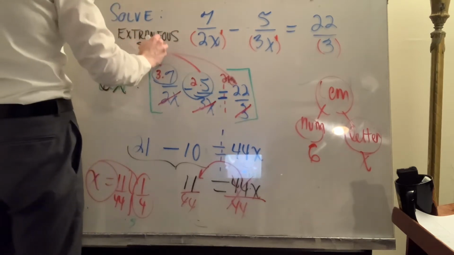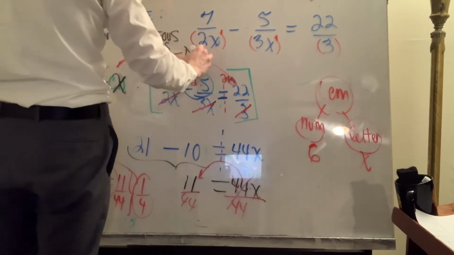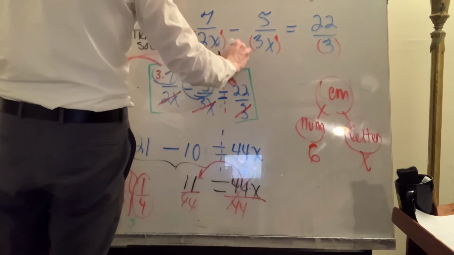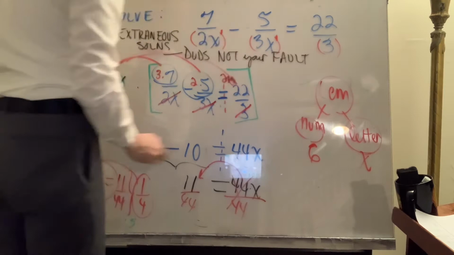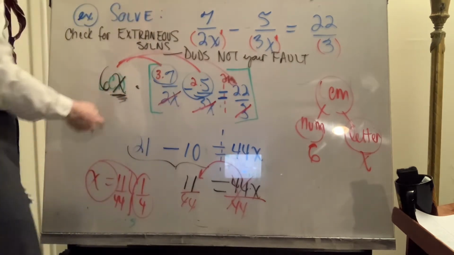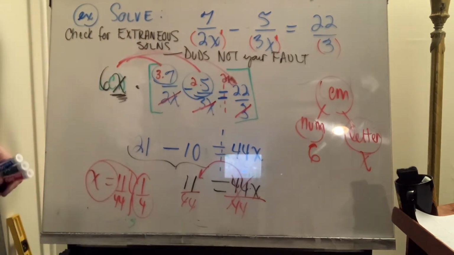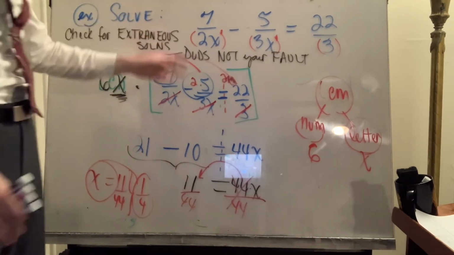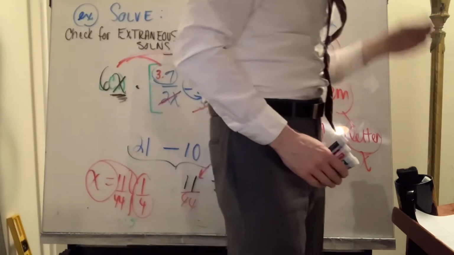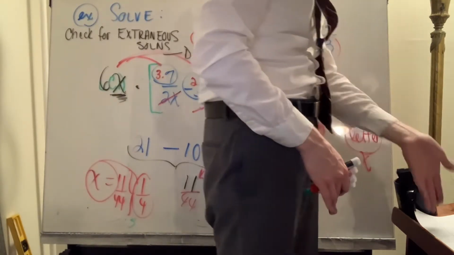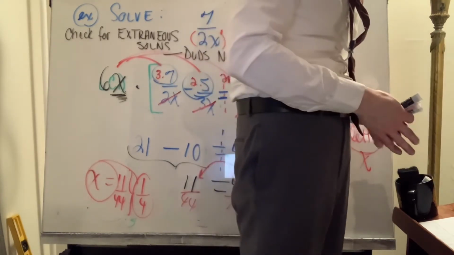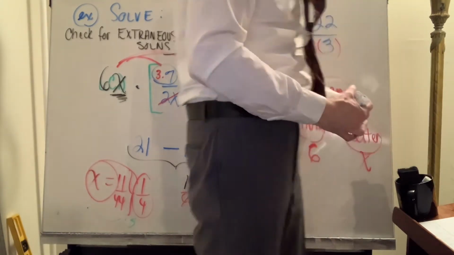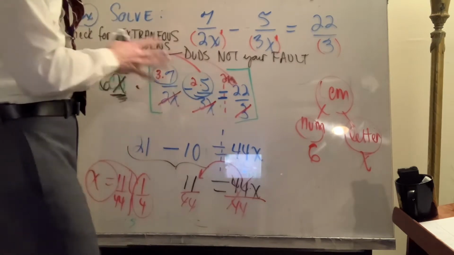They're essentially duds that are not your fault. They arise from multiplying or dividing by a variable, which is not normal, right? Legal, but not a typical thing. They're duds, right? I can tell you, because I did check before I did this, that you'd get 22 over 3 equals 22 over 3, so it's okay.